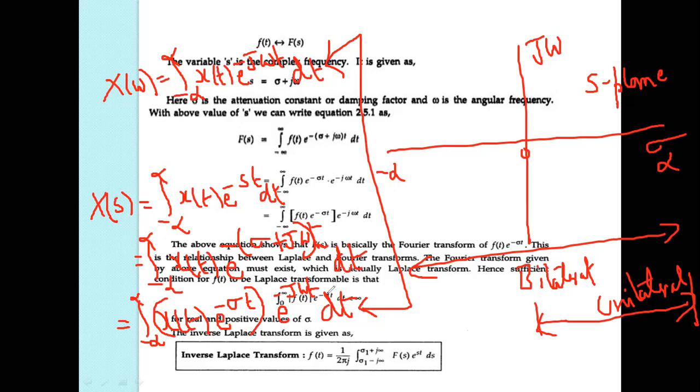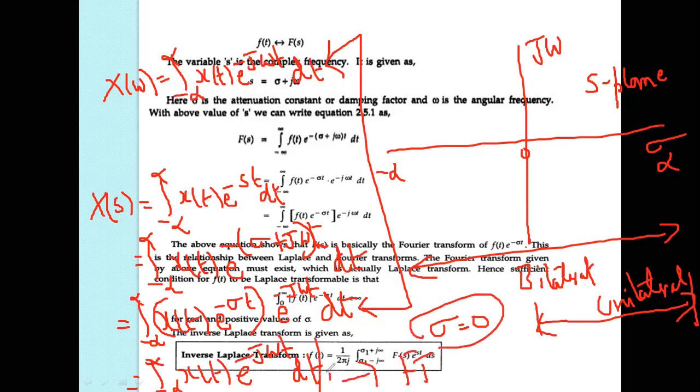When it becomes a Fourier transformation, sigma is equal to 0. When sigma is equal to 0, e power 0 is 1. Now it becomes the integral from minus infinity to infinity of x of t e power minus j omega t dt, which is the Fourier transformation definition when sigma is equal to 0 in this equation.